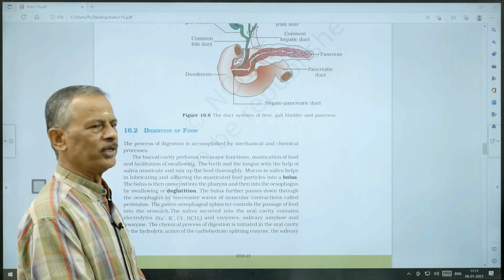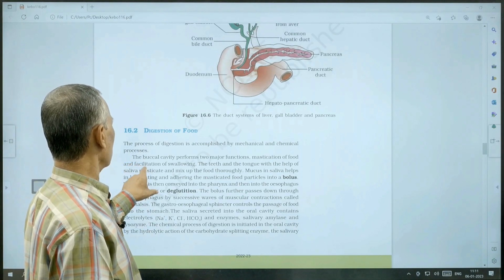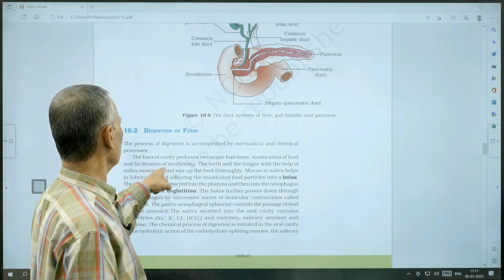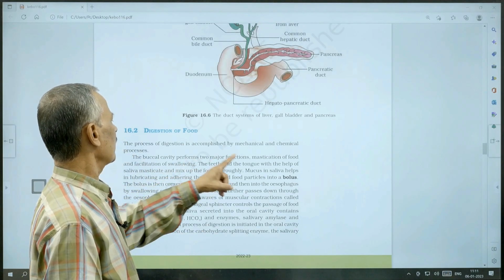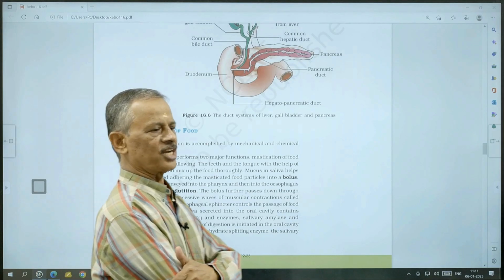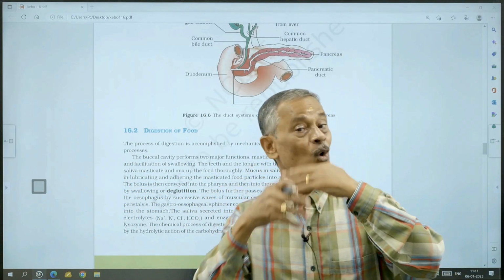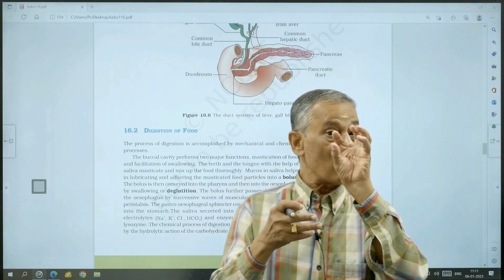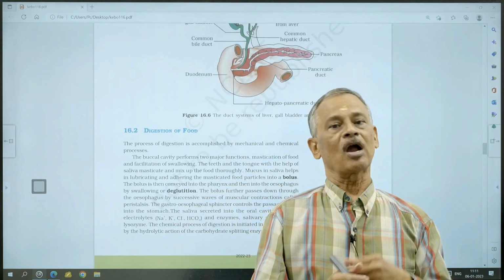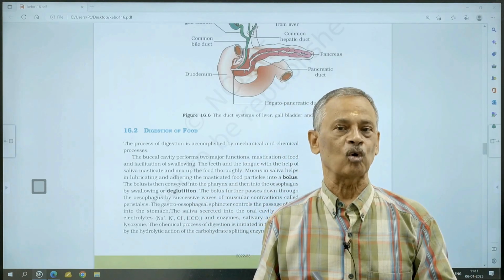Mastication is chewing, so that large sized particles are converted to smaller ones so as to facilitate swallowing. Teeth and tongue help in this mastication. Along with this, the saliva is mixed with it. We are all rolling our food into small spherical structures called bolus so that we can easily swallow it.